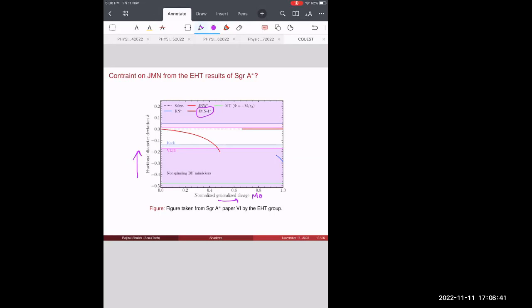We have shown that for M0 greater than 2/3, we have a shadow, and the fractional deviation parameter for this case is simply 0, because the shadow in this GMN case is nothing but the shadow of the exterior Schwarzschild geometry. So this case is consistent with the EHT data, and it is difficult to distinguish from the Schwarzschild black hole.